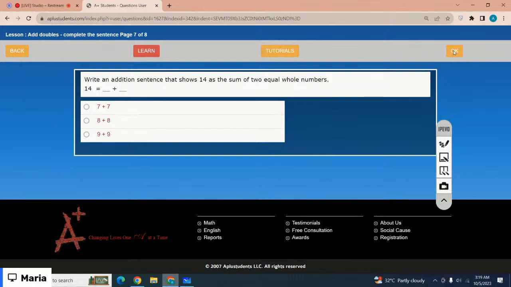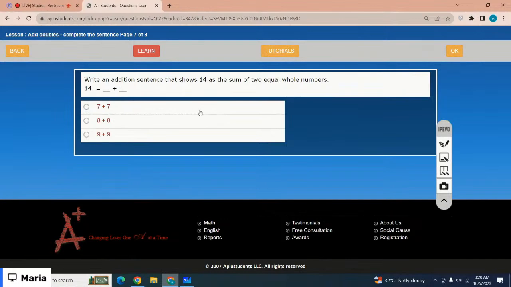Write an addition sentence that shows 14 as the sum of two equal whole numbers. Which is the correct option? You have to write 14 as two equal numbers, right? That is 7 plus 7.